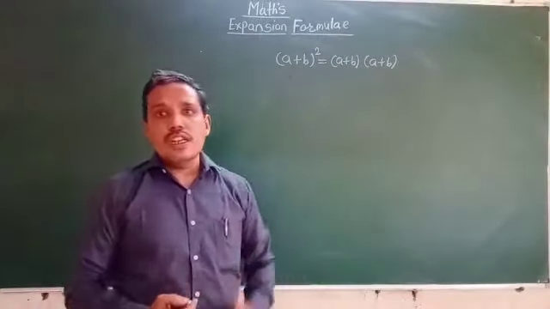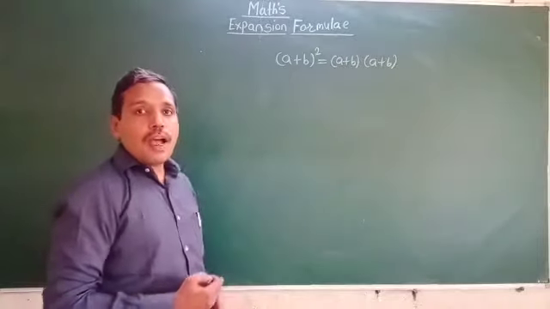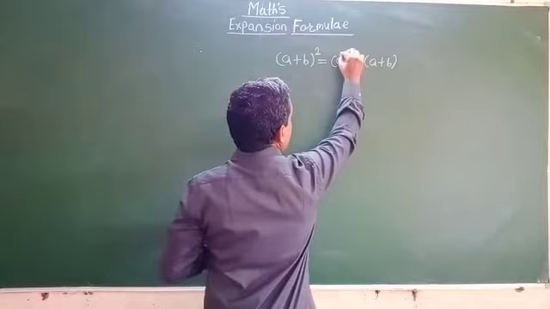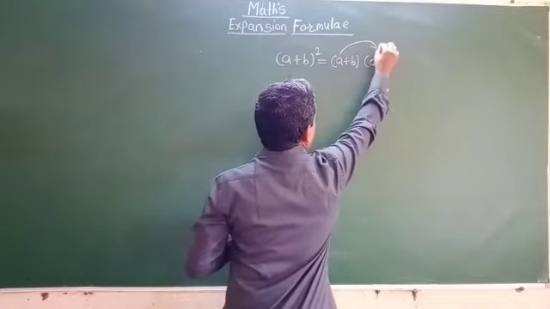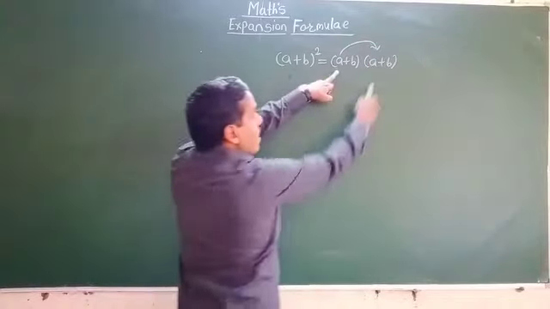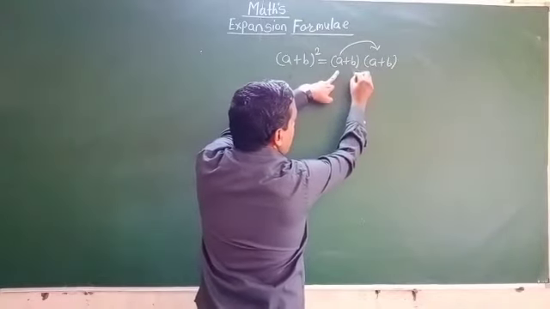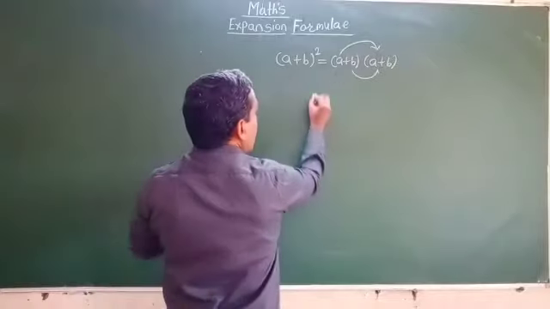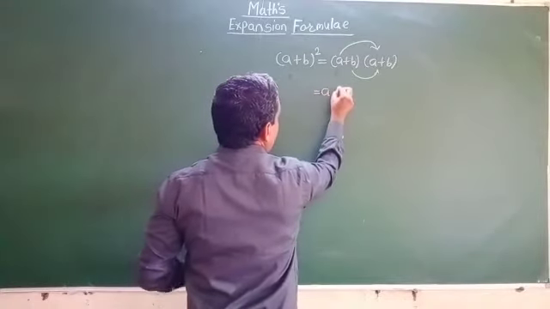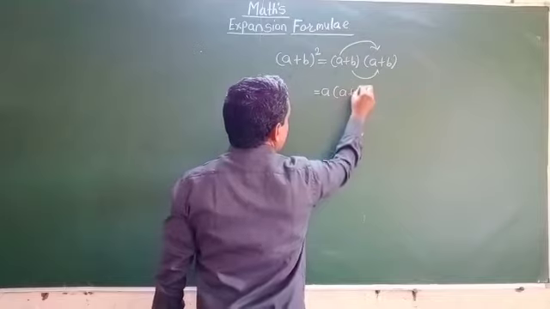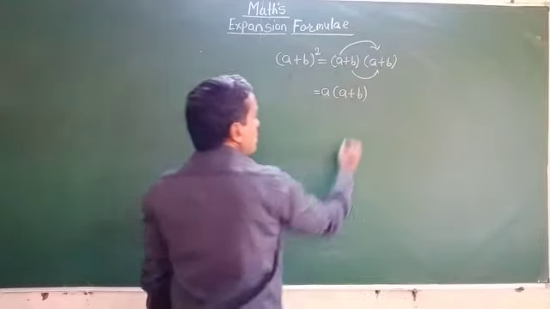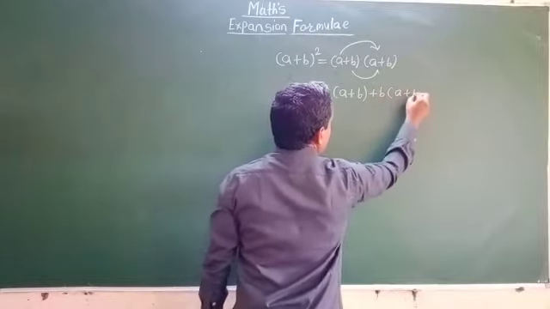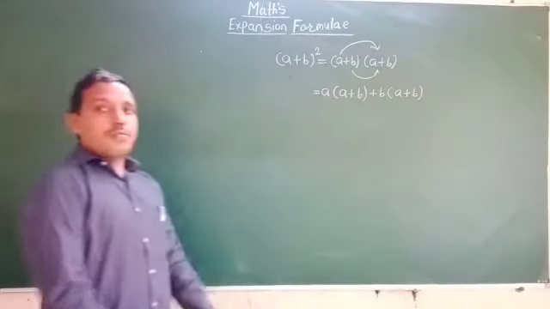You learned this in a previous standard. How do binomials get multiplied with binomials? First of all, we multiply A to that binomial, and then B to that binomial. So we write A in bracket (A plus B), then plus B in bracket (A plus B).